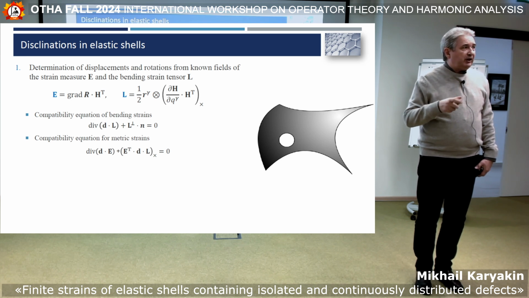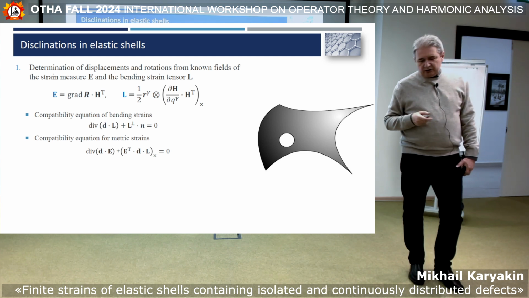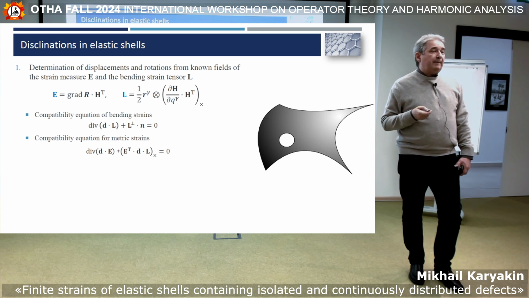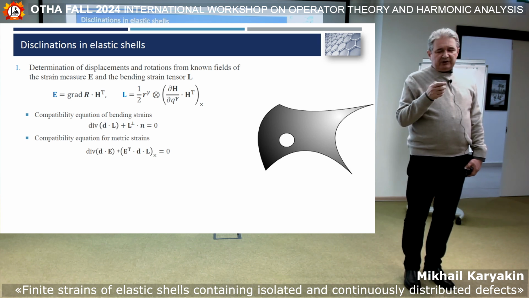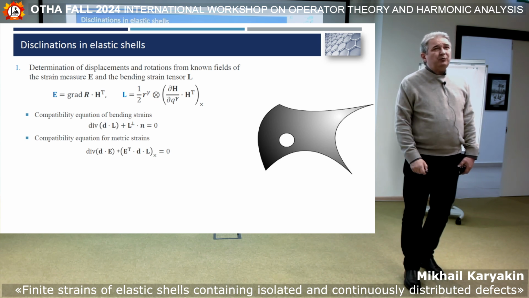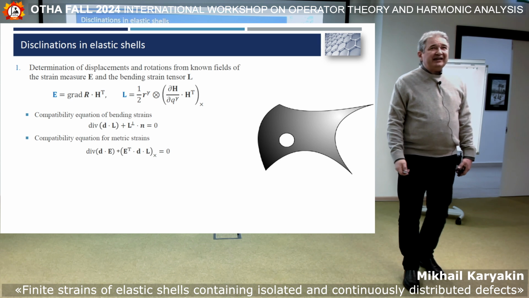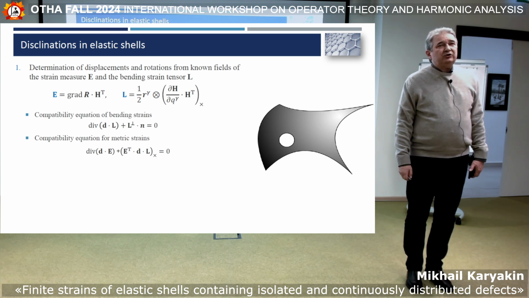In the case of a rotational defect, the tensor h that corresponds to the inner rotation of our particle is also a multi-valued function. That means we should formulate the problem in the following way. We have two measures, E and L. They are considered as given functions, and now our goal is to find the vector r and the tensor h.